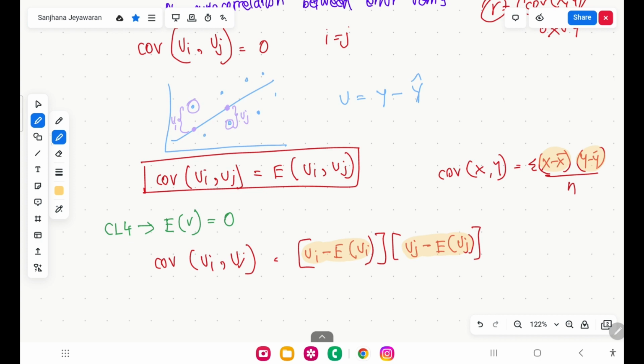Now, like before, we take the summation and divide by n. That means we are finding the mean, which is the same as expectation. So here I can write expectation.